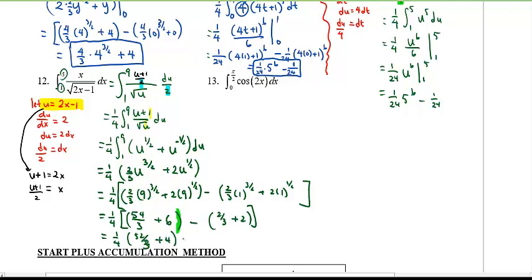This is getting really ugly. I don't really want to do this, but nonetheless I will because I'm doing it for you. 52 over 3. 4 in thirds is just 12 over 3. That's 64 over 3. So 1/4 times 64 over 3 is just 16 over 3.